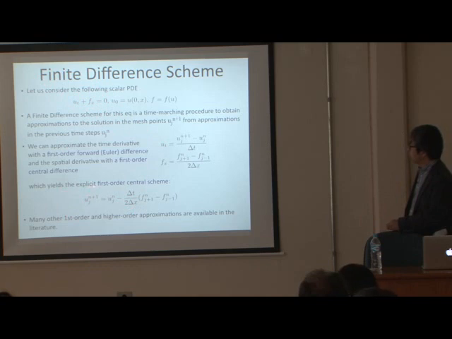This we call the explicit first order central scheme. So u_j^(n+1), the next time step, is calculated from u_j at the previous time n, plus delta t over 2 delta x times f at j+1 minus f at j-1 at the previous time.